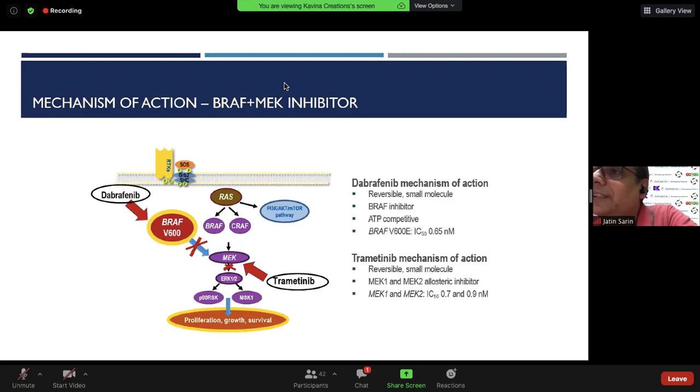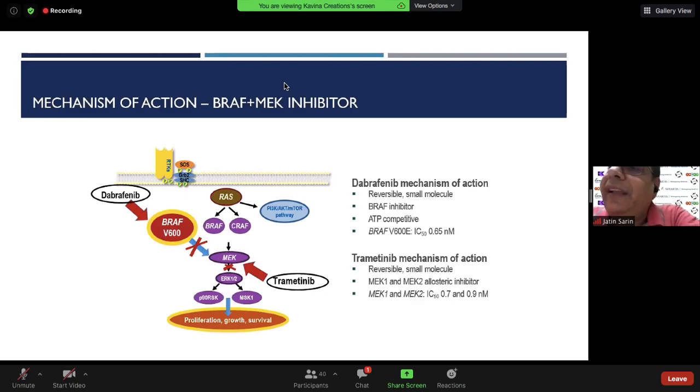This cartoon was shown by Dr. Ullas. The RAF, MEK pathway, we have all been taught in our DM course, and we all know the signal transduction. It is a kind of holy grail of many.